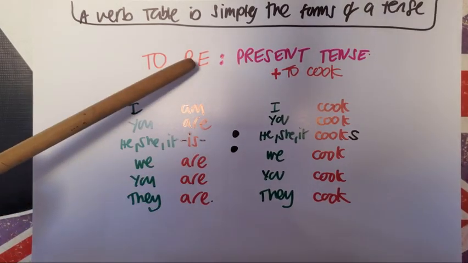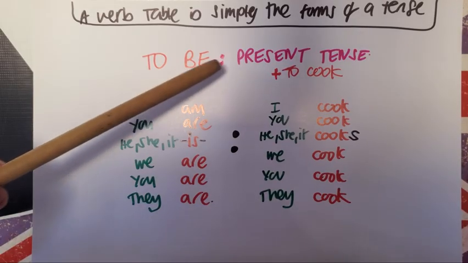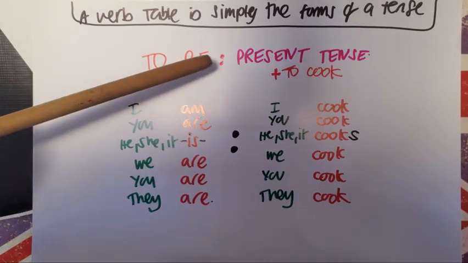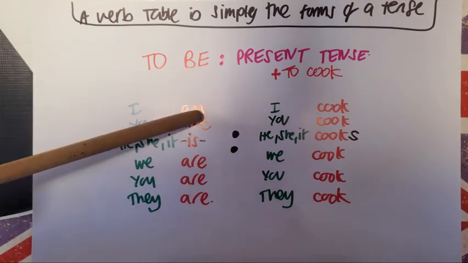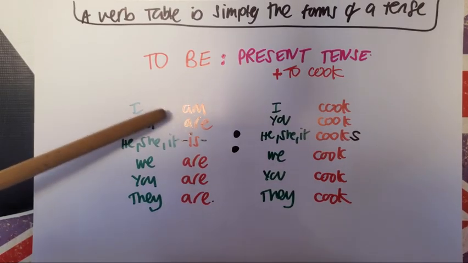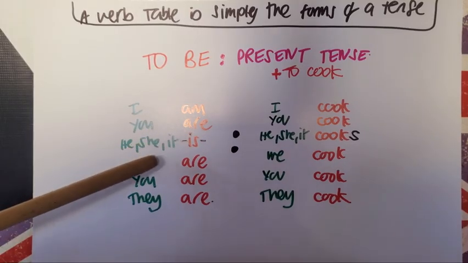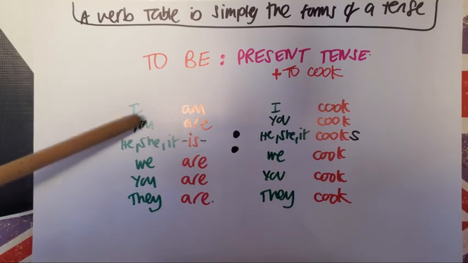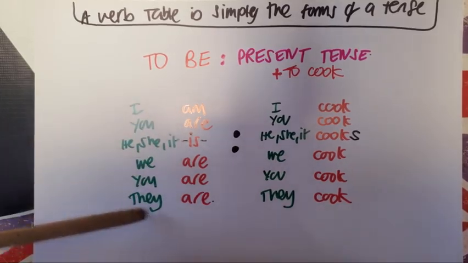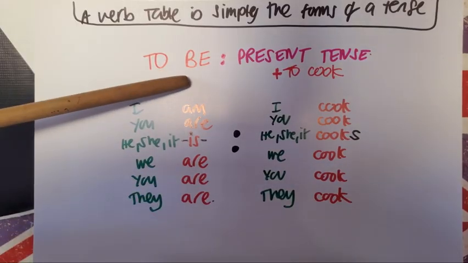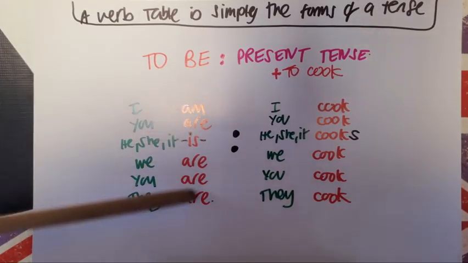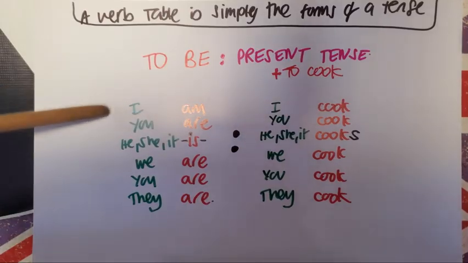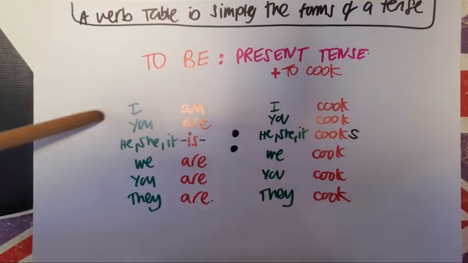So the verb table of the present tense of to be is I am, you are, he is, we are, you are, they are. These are all called the subject pronouns. And these are all the variations. Together this makes the present tense verb table.